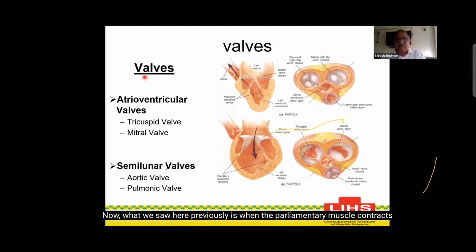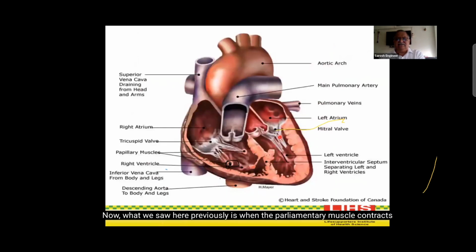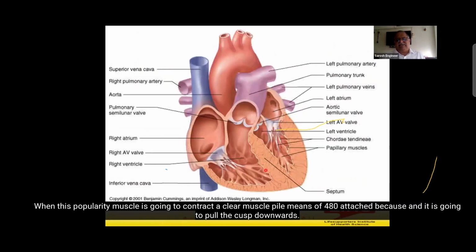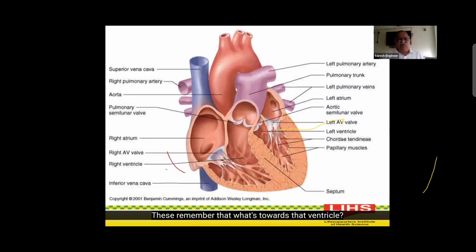Now, what we saw here previously is when the papillary muscle contracts. When this papillary muscle is going to contract, by means of the chordae tendineae attached to the cusp, it is going to pull the cusp downwards. Please remember that. It's going to pull the cusp downwards towards the ventricle.